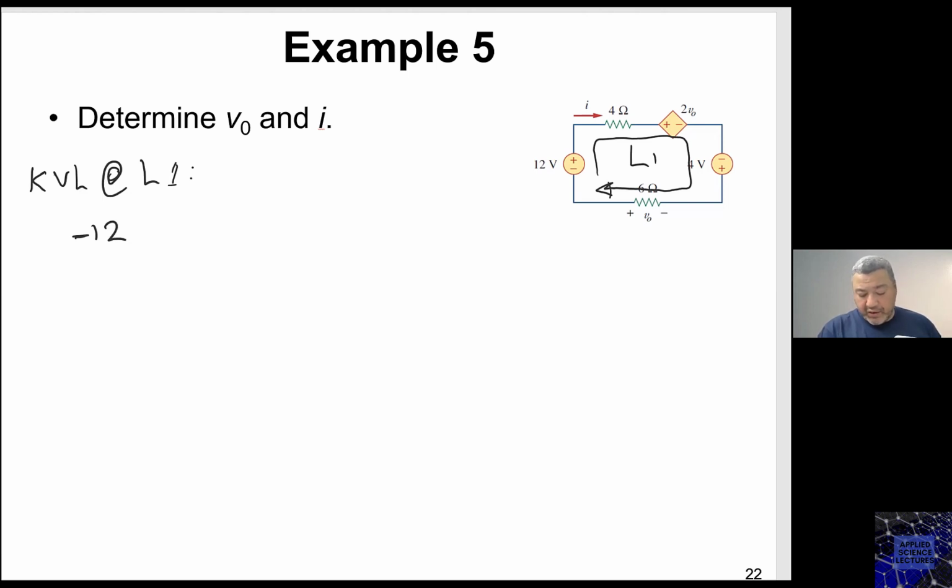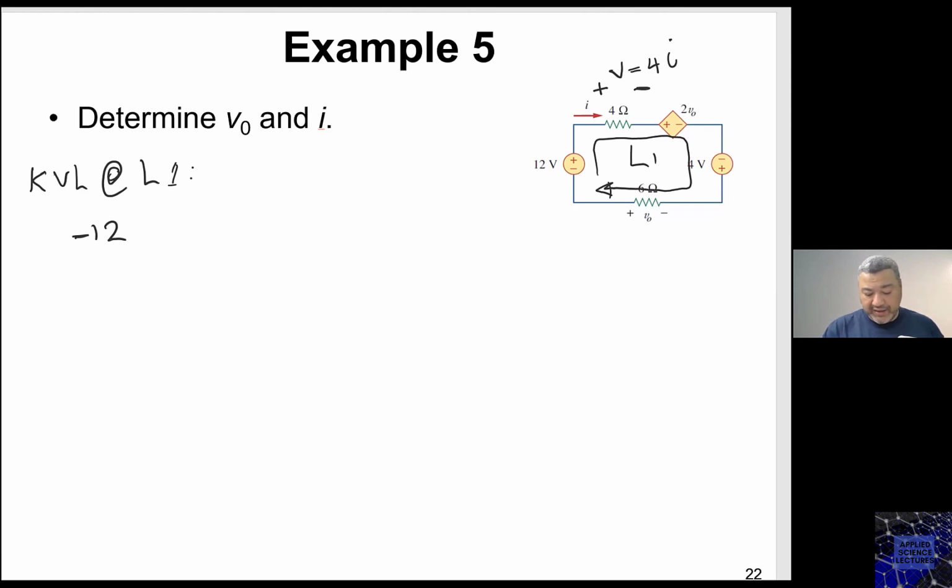I have now, based on this current that is entering the 4 ohm this way, I will say that this is plus, this is minus. And now this V equals 4I, right? Based on the direction of the current that is entering the resistor this way, this means it is entering the positive, leaving the negative, because this is the convention of Ohm's law on resistors.